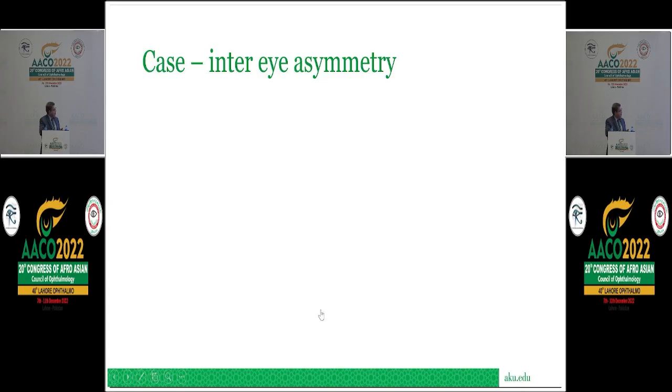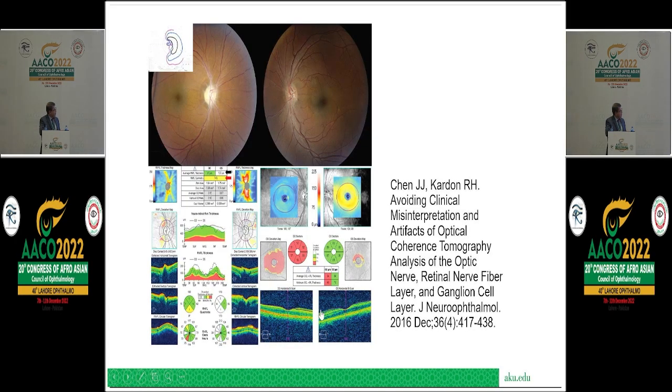Here's a case which is interesting, where you see this right optic nerve has had a problem, and this left looks still pretty good. In the right side, the Goldmann type or Octopus type kinetic perimetry shows loss of the nasal field, right? And here you can see quite a bit of pallor.